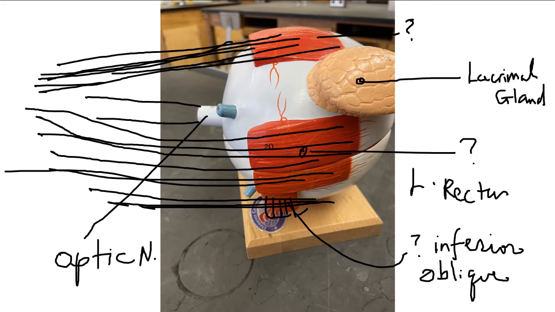The light goes back and touches the photoreceptor cells, which communicate with the bipolar neurons, which communicate with the ganglion neurons. The axons of the ganglion neurons group together as a nerve that goes to the back of the eye. That is known as the optic nerve.